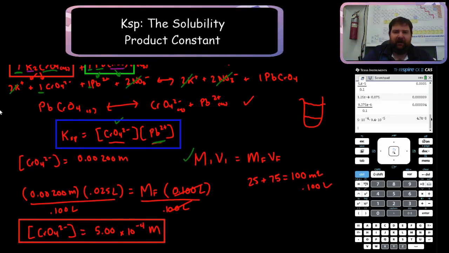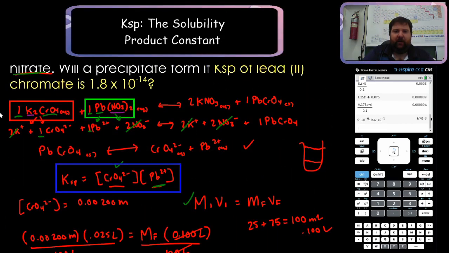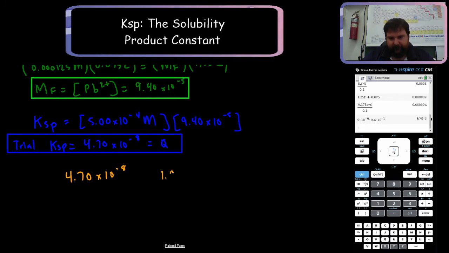And they're telling us that it's 1.8 times 10 to the negative 14. Is our number bigger or smaller? It's bigger. If our trial Ksp or our Q value is bigger than the Ksp, that means that a precipitate will form.